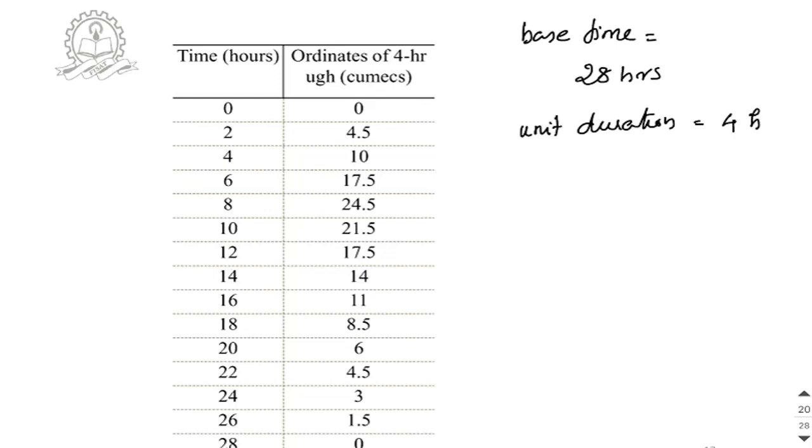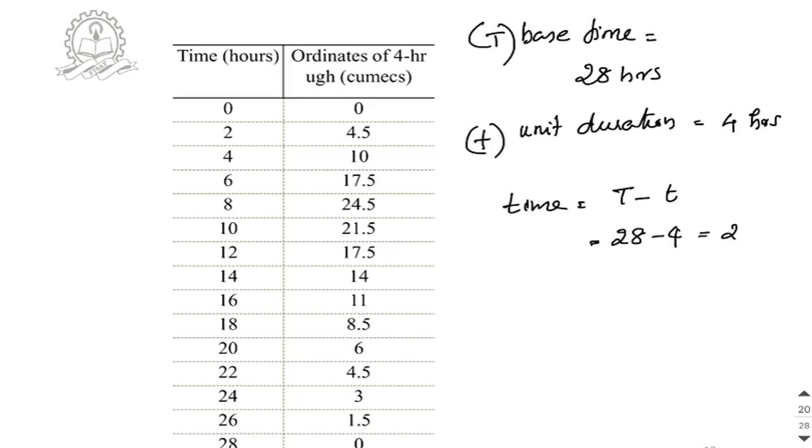It is a 4-hour hydrograph. So the discharge will attain a constant value when time is equal to capital T minus small t, where base time is represented as capital T and unit duration as small t. So you get 28 minus 4, that is 24 hours.